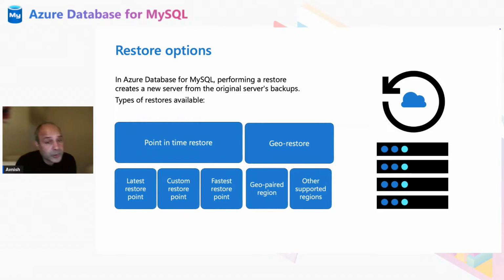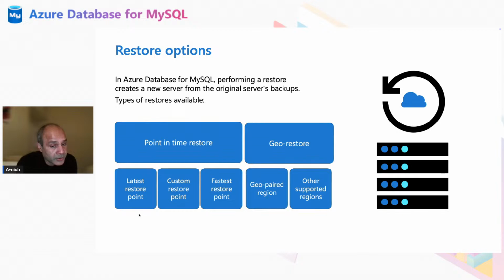Now, when it comes to restore, there are two options: one is the point-in-time restore, and the second is the geo-restore. We have multiple options within point-in-time restore. One is the latest restore, which uses the last full backup and applies all the pending bin log files to bring it to the current point in time.